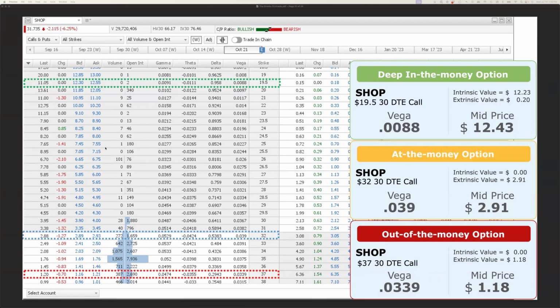Would it be useful to consider the ratio of gamma to delta, or gamma as a percentage of delta? You can. All of these you can think of as ratios, right? And it just depends on what your views are to determine whether a higher ratio is better for you or a lower ratio is better for you.